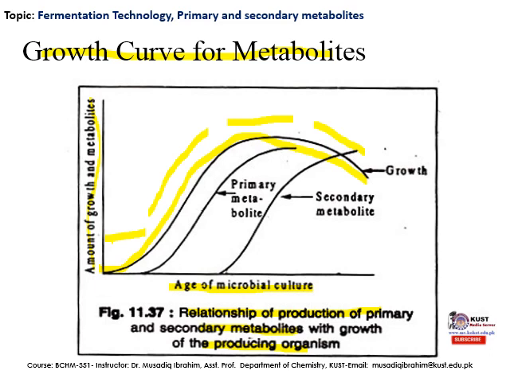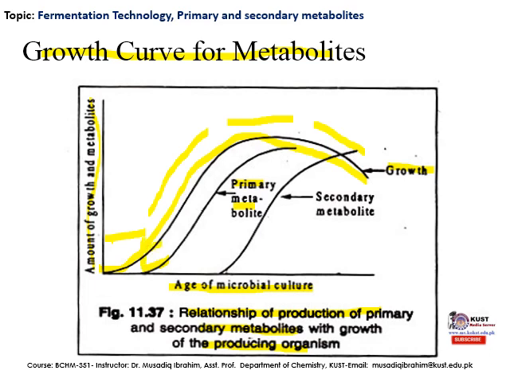Now, in parallel to the growth phase and growth curve, you can see that there is a primary metabolite curve. So the primary metabolites start to be produced by the microbial cells after a certain period of time, when the microbial cells have started growing.